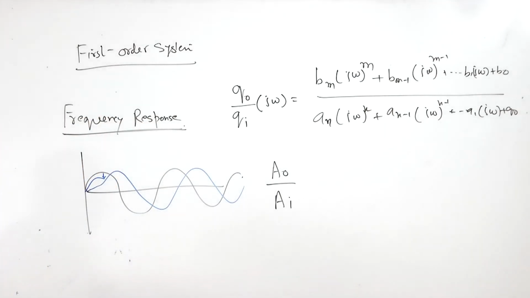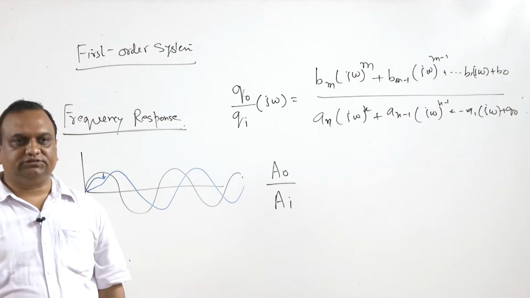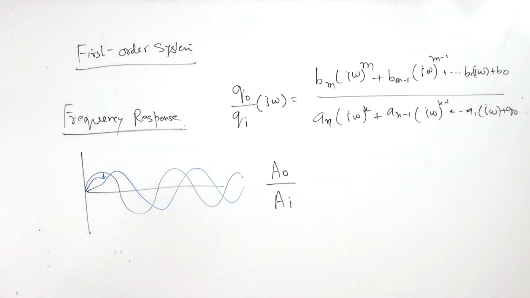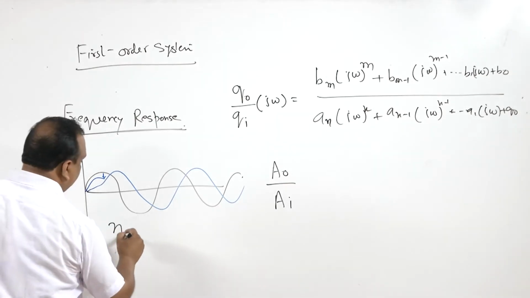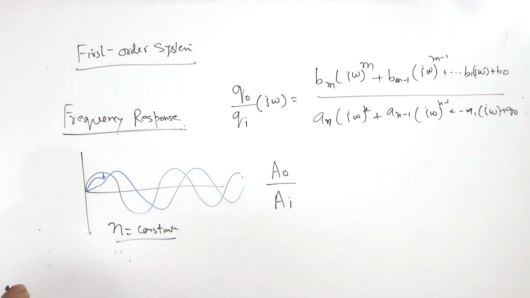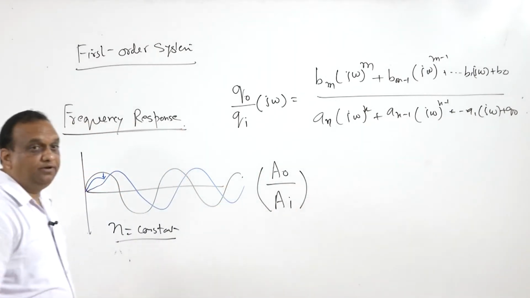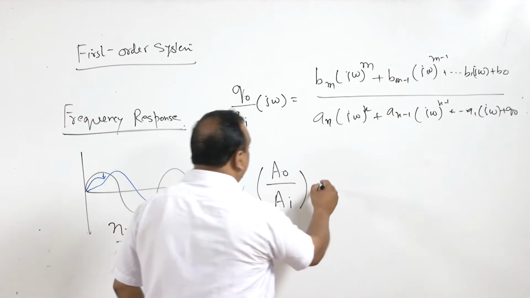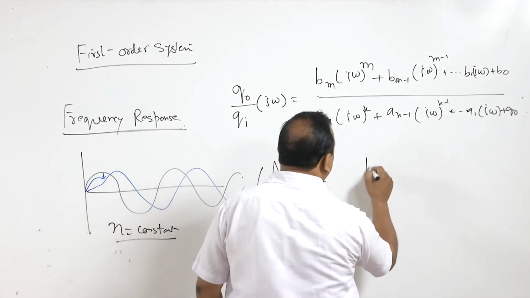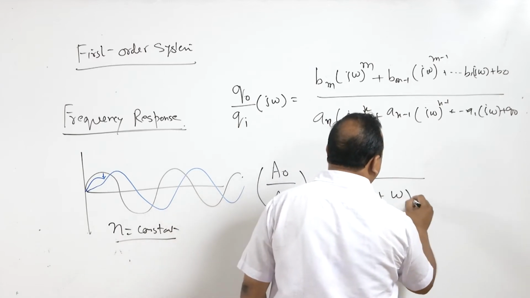If I want to draw the output response, I need two things. Frequency is going to remain the same. If input frequency is 50 hertz, the output frequency will also be 50 hertz. Frequency will not change. Now what is going to change? First is amplitude, and the amplitude ratio is expressed by K divided by square root of 1 plus (omega lambda) whole squared.